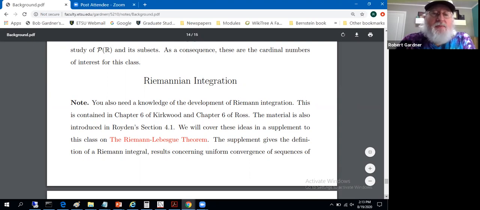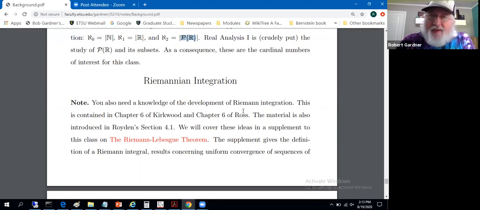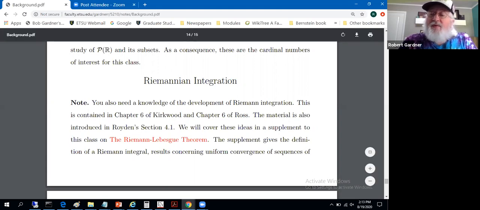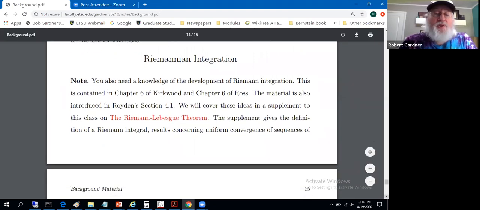Riemann integration, well, you saw Riemann integration developed in calculus, right? Calculus 1. They do a pretty good job of developing Riemann integration. Chapter 6 of the Kirkwood book, chapter 6 of this Ross book, the two books we normally use in senior level analysis, covers the development of the Riemann integration.